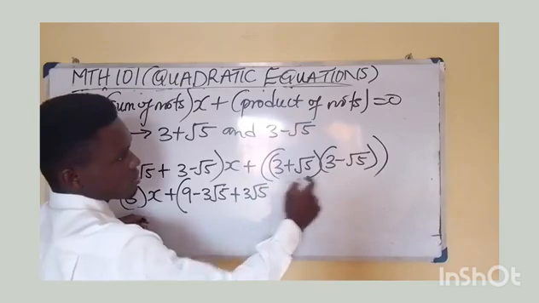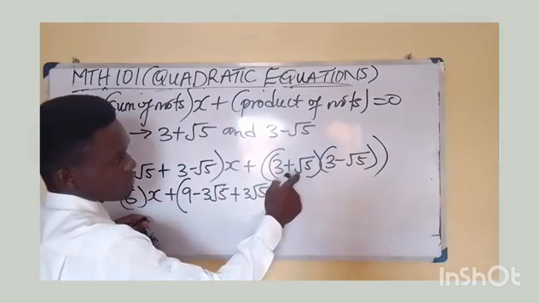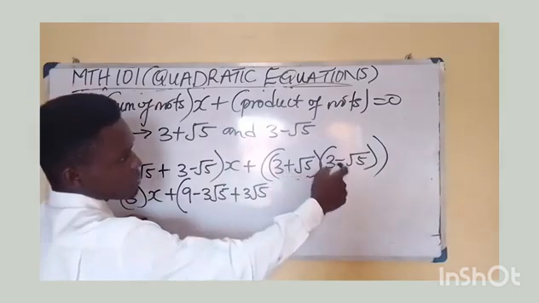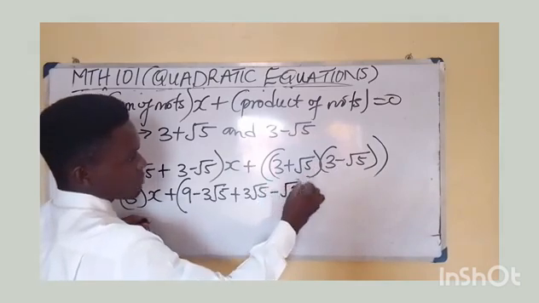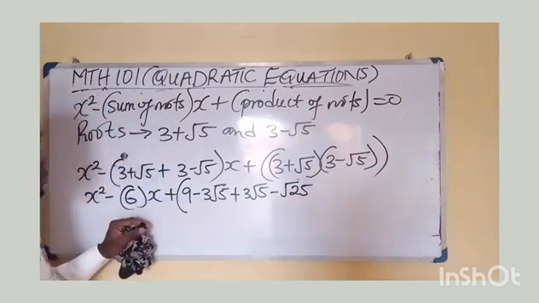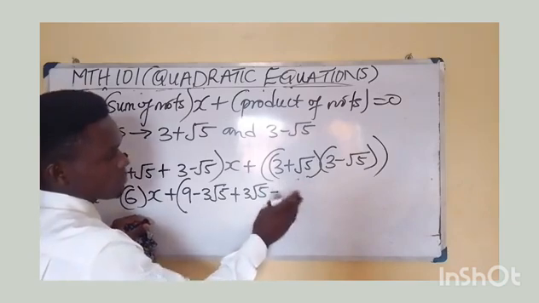Then I'm left with root 5 times root 5, and don't forget there's a minus here. I have root 25, but there's no need to write 25. I'll just write 5.